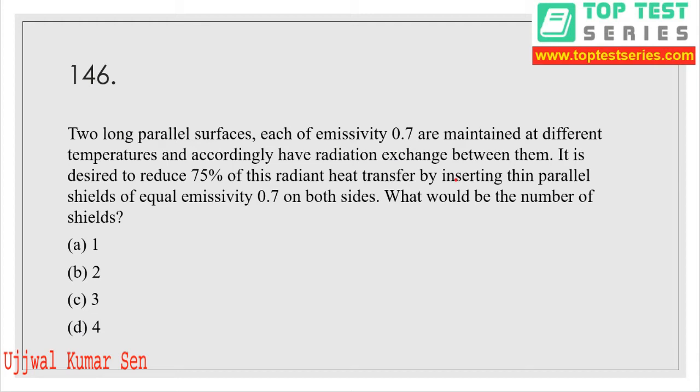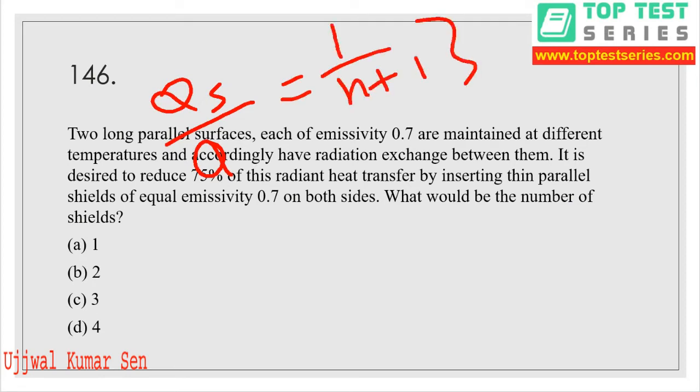So we know that, my dear, first we'll write down Q with shield divided by Q without shield is equal to 1 by n plus 1. Use this trick, my dear, to save a lot of your time. In the numerator, what we have given is with shield; in the denominator, what we have given is without shield. It is saying that whenever we are using a shield, its heat transfer rate is decreased by 75%.